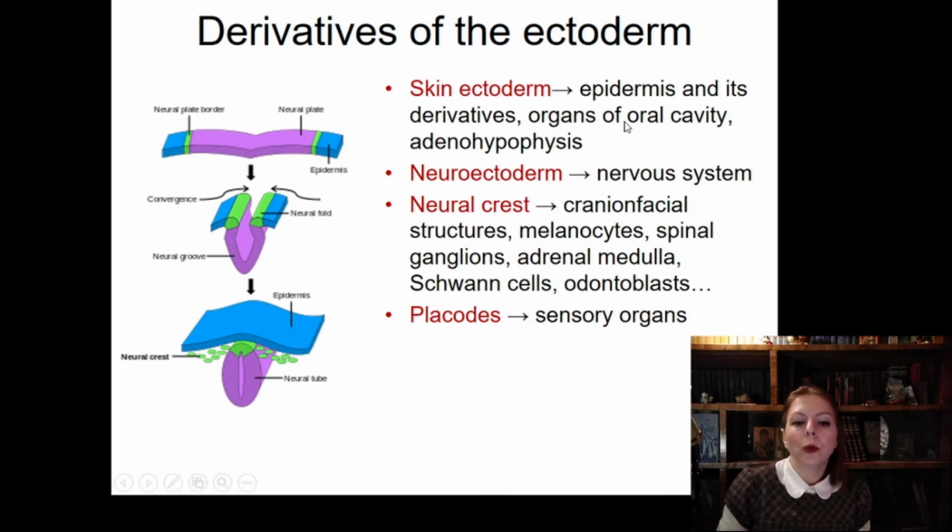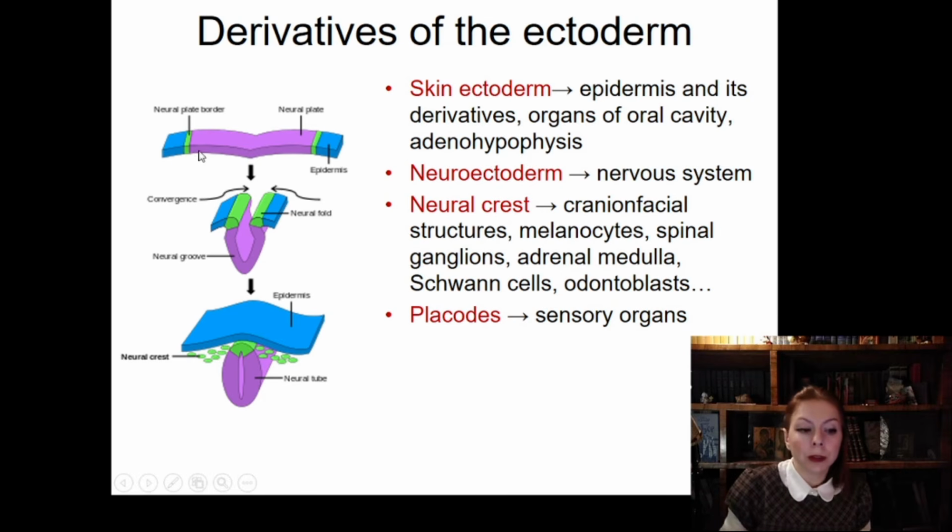Also organs of the oral cavity, because it invaginates inside the oral cavity and gives rise to teeth, tongue, cheeks, lips, epithelium up to the soft palate, and also the adenohypophysis, because the adenohypophysis is formed by invagination of the oral cavity ectoderm.